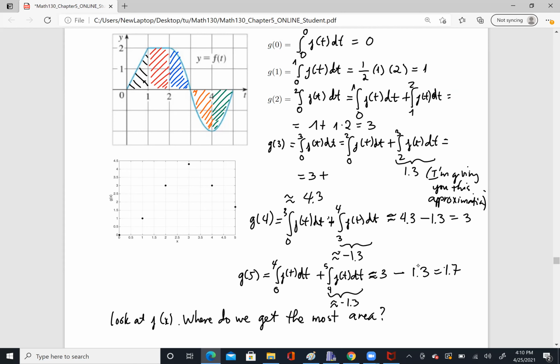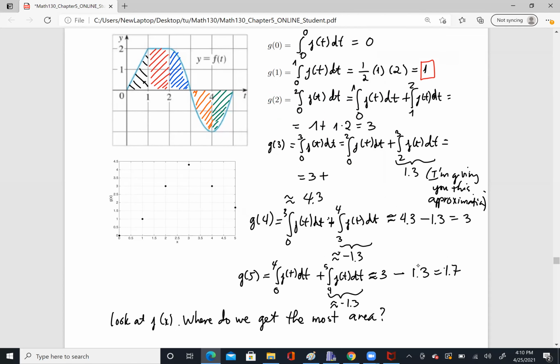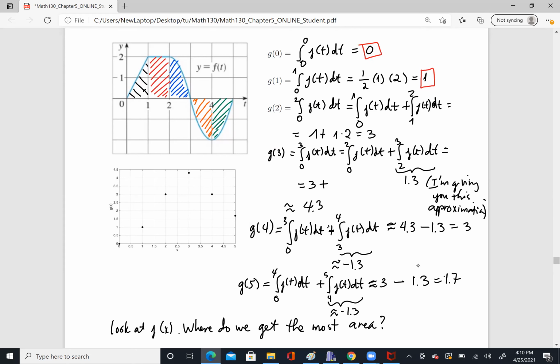So I circle the answer. We start with 0, right? And z1 is 1, z2 is 3, z3 is 4.3, z4 is 3, and z5 is 1.7.